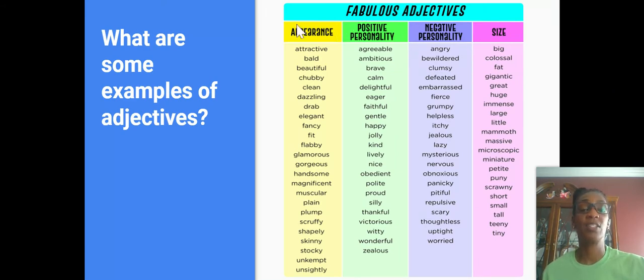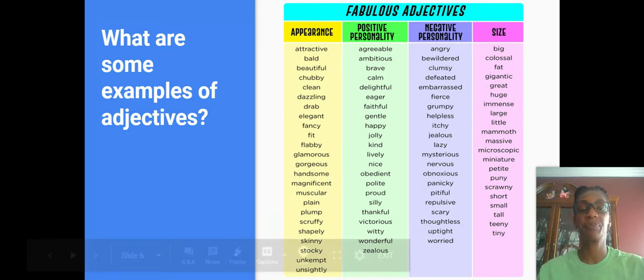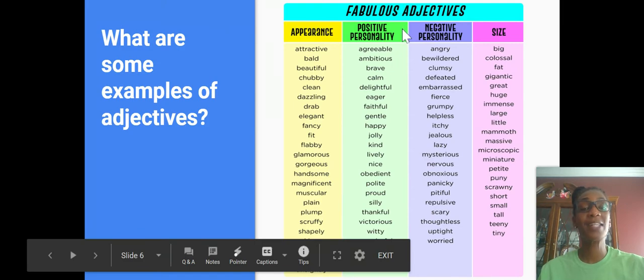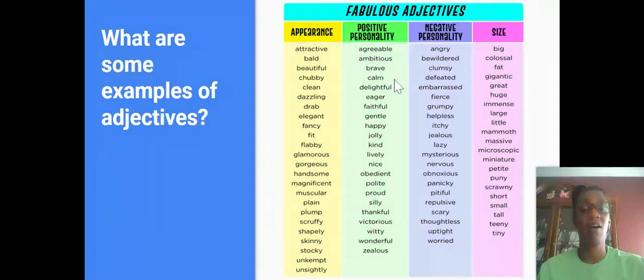Some fabulous adjectives. The appearance. People: attractive, beautiful, dazzling, elegant, glamorous, gorgeous, handsome, muscular. Those are some descriptive words when you describe someone's appearance. Positive personality: agreeable, ambitious, brave, calm, faithful, cheerful, happy, jolly, kind, nice, polite, witty, zealous.